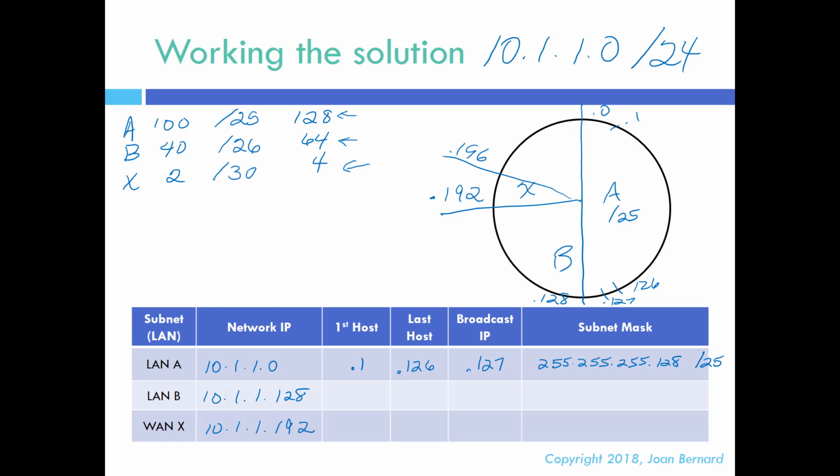All right, LAN B. LAN B, the first host is always 1 greater, right? 1 greater than the network IP, so that's going to be 129. So 128 to 129. That's my first host. And then I come over here, my last host and my broadcast. So my broadcast is 191. If I just subtract 1 from 192, that's going to be 191.